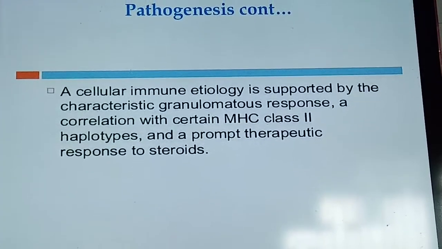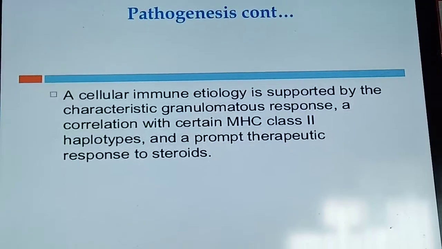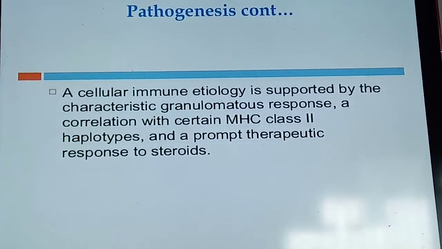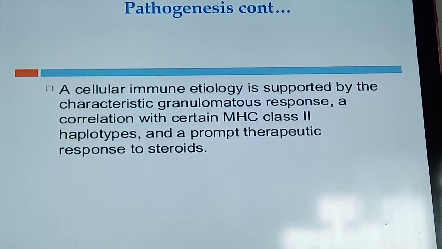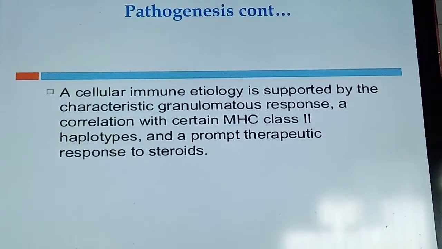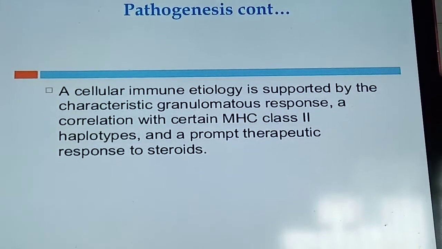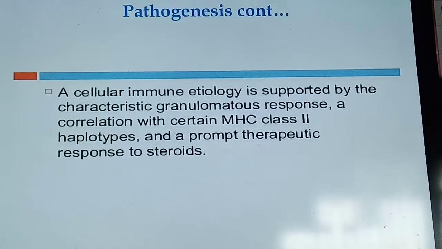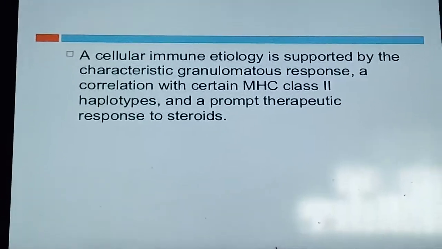A cellular immune etiology is supported by the characteristic granulomatous response, a correlation with certain MHC class II haplotypes, and a prompt therapeutic response to steroids.